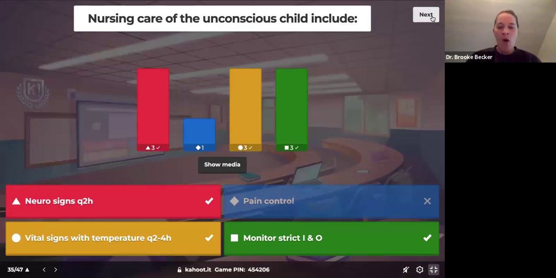Neuro signs every 2, oh, excuse me. Vital signs with a temperature every 2 to 4 hours, and then strict I&O with these unconscious kiddos. Okay. Pain control can still be a part of it if they're having signs of pain based off of their vital signs and things too. Okay.